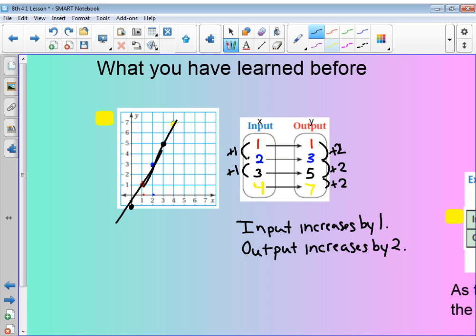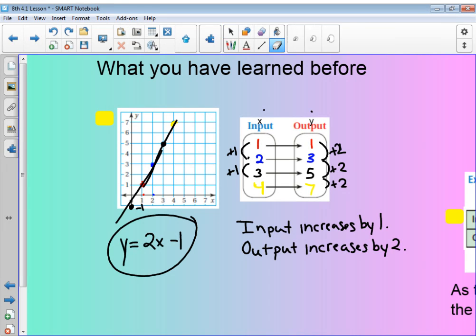My y-intercept equation would be y equals, my slope is rise of 2 over 1, so 2x, and then it crossed at negative 1, even though we can't see that on the line. That would be the equation we could substitute in to solve more of our inputs and outputs. We could pick x's and then solve for y. Eventually that's what you will be working with in this chapter.